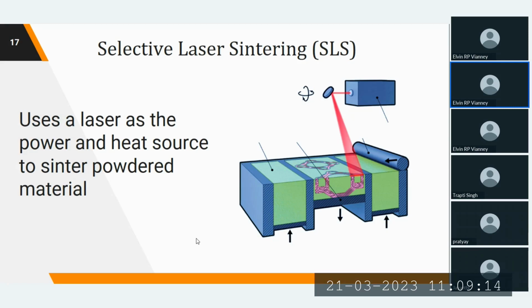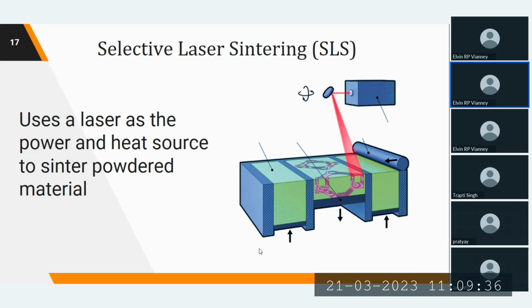Selectively, the laser is positioned, and that particular position will get solidified. That particular position will be the first layer. Then the bed will move downwards. Then the powder is moved again by a roller.